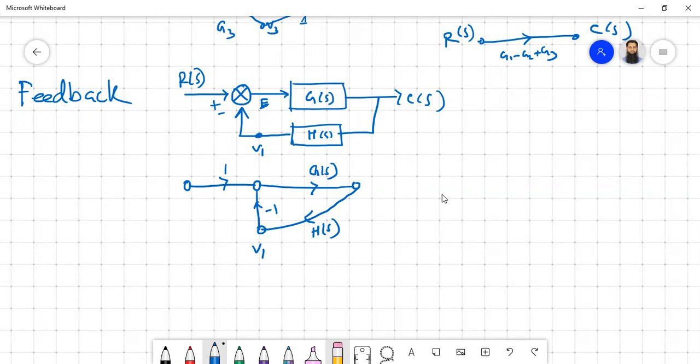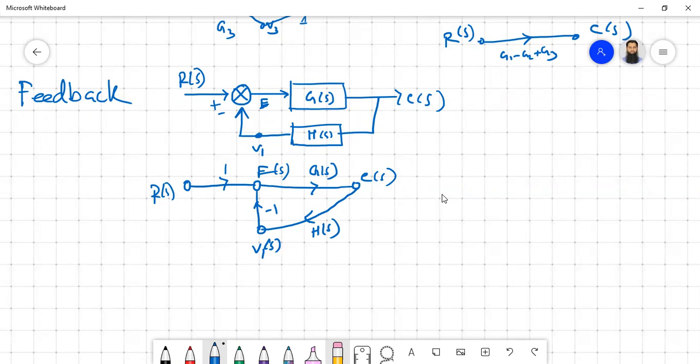Okay, so now this H, let me put all the signals here. H and minus 1 are in cascade, so they can be multiplied together.